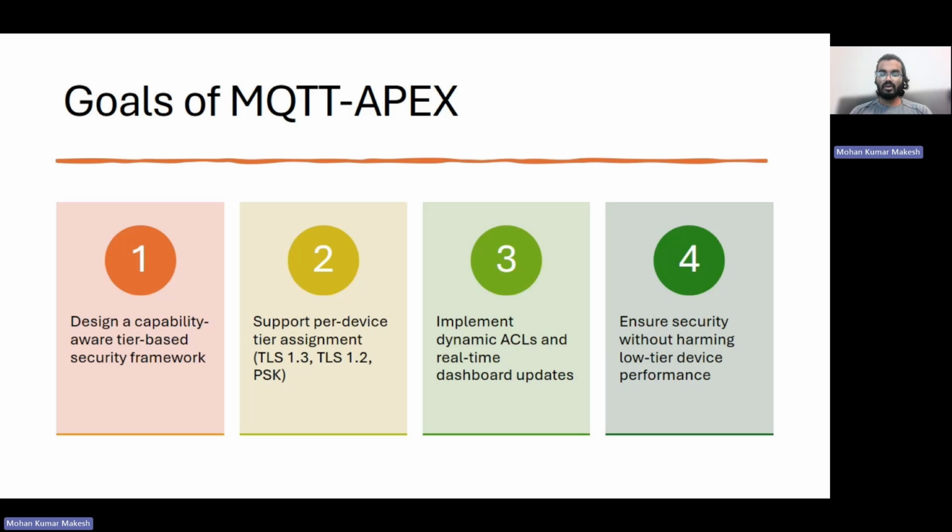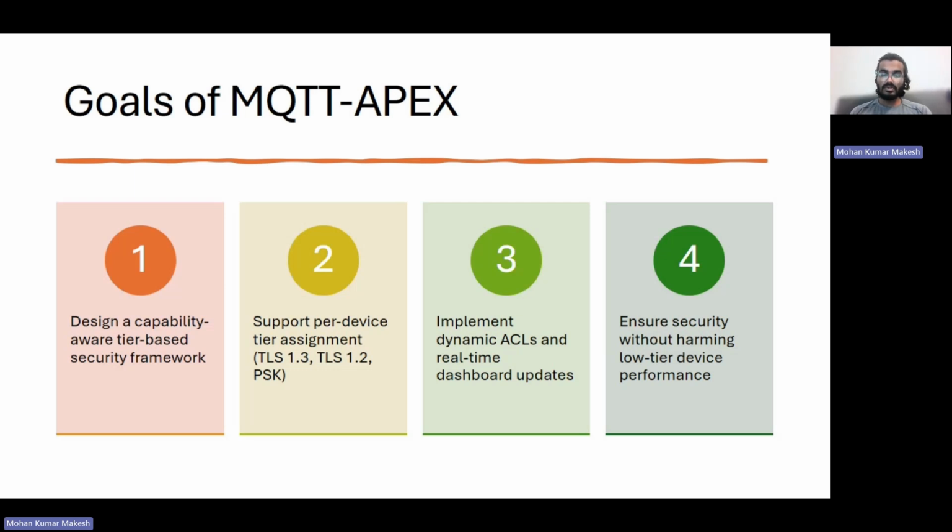Goals of MQTT-Apex. MQTT-Apex was designed with four primary goals in mind. First, we wanted to enable per-device capability assessment, looking at things like CPU, RAM, and power state. Second, we designed a tiered security system that maps a stronger or lightweight mechanism depending on what a device can handle.